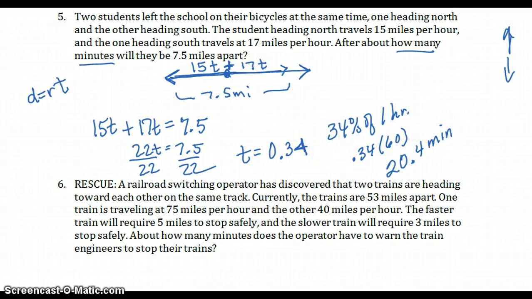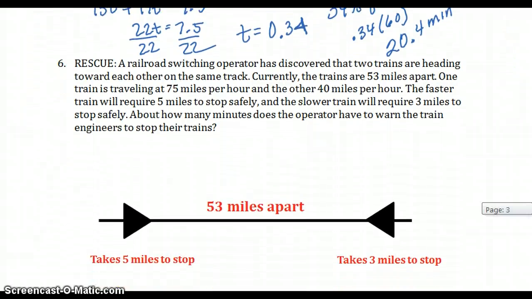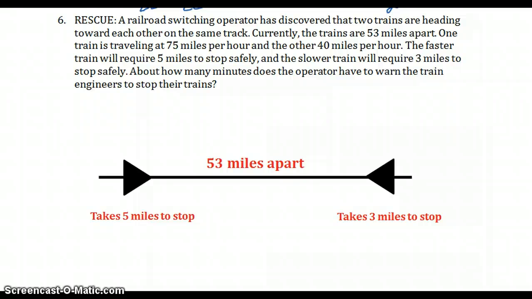All right, so our last uniform motion example is number 6. It says that a railroad switching operator has discovered that 2 trains are heading towards each other on the same track. Oh no! Oh my! Hurry, what are we going to do? Well, currently the trains are 53 miles apart.